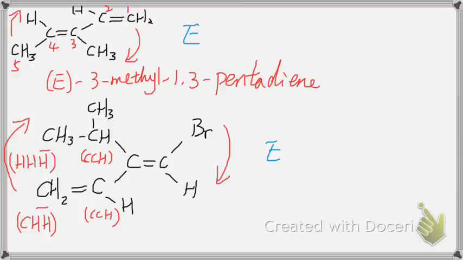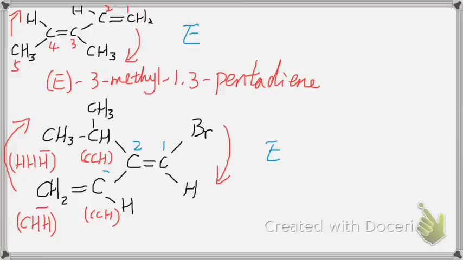How do we name the compound? It's a diene, so we have to include both double bonds in the parent chain. It's a 4-carbon chain, okay? Even though we have a 5-carbon chain, keep in mind, double bonds take higher priority.